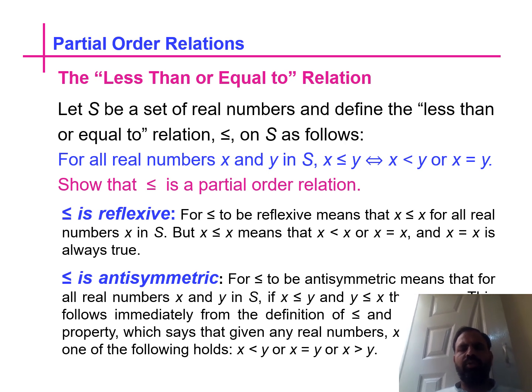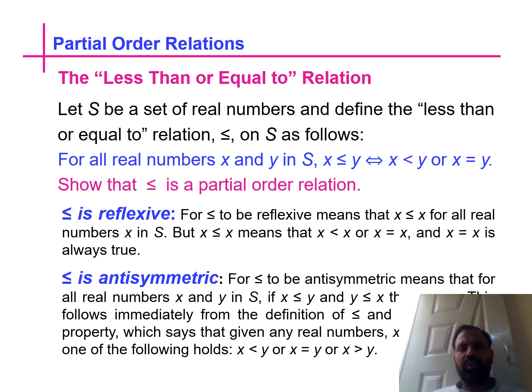For less than or equal to to be reflexive means that x is less than or equal to x for all real numbers x in S. But x less than or equal to x means that x is less than x or x is equal to x, and x equal to x is always true.